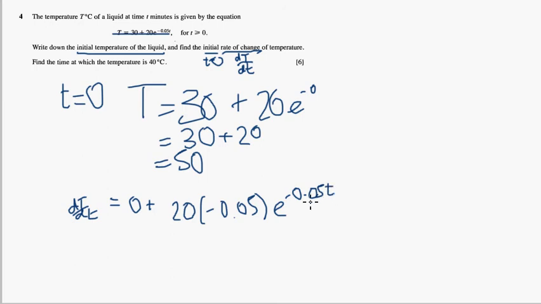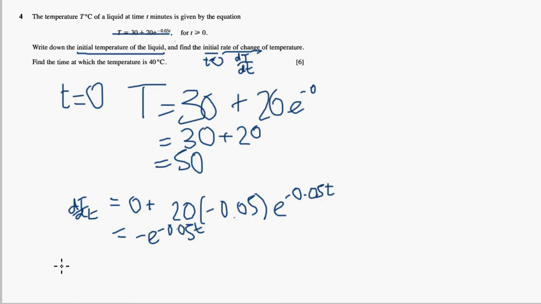You can use the chain rule if you make u minus 0.05 t and then differentiate, well, you get the idea. Anyway, 20 times minus 0.05 is just minus 1, so this becomes minus e to the minus 0.05 t.